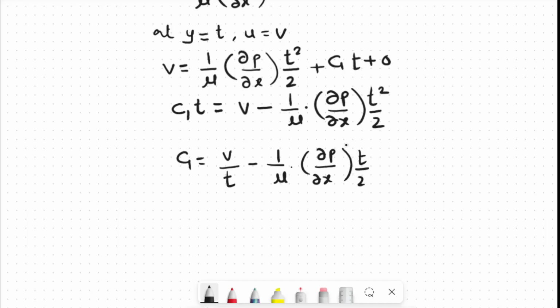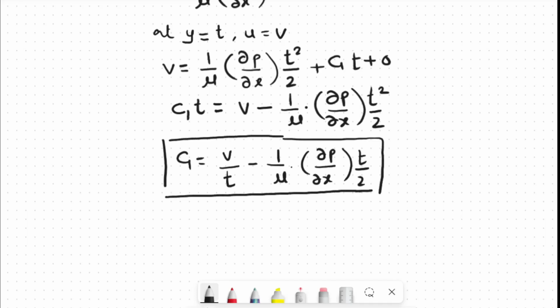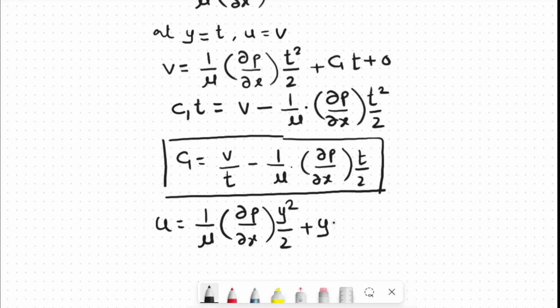So now we have got the values for both the constants. If we put these values in the equation for the velocity, we get u is equal to 1 upon mu into delta p by delta x into y square by 2 plus y into the value of C1.